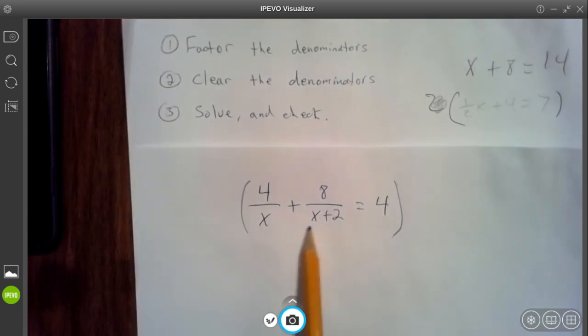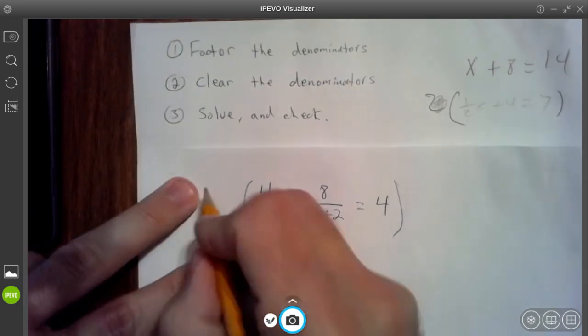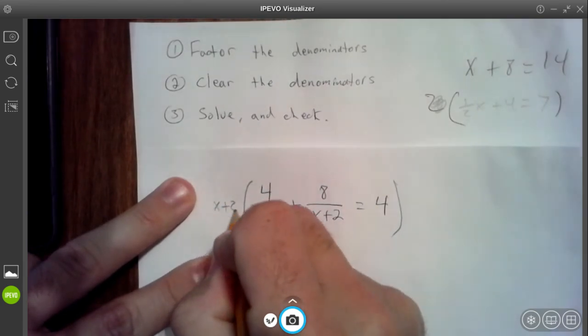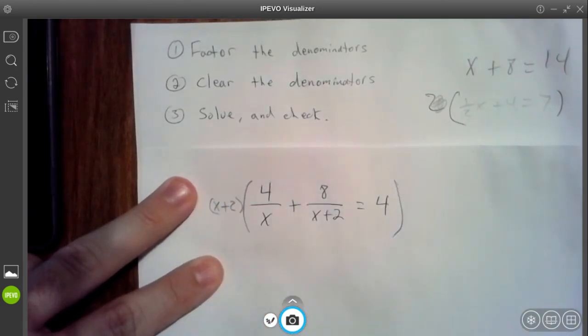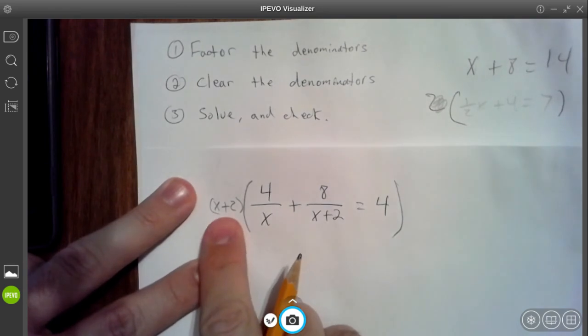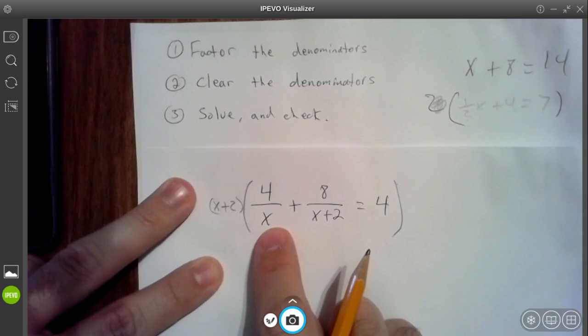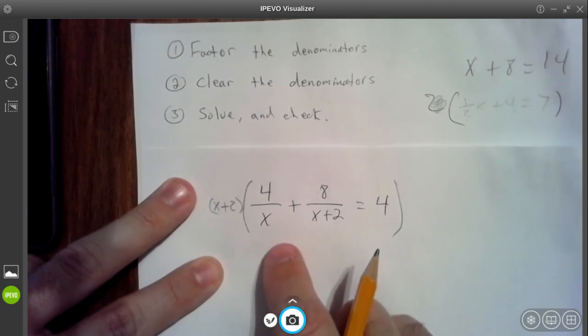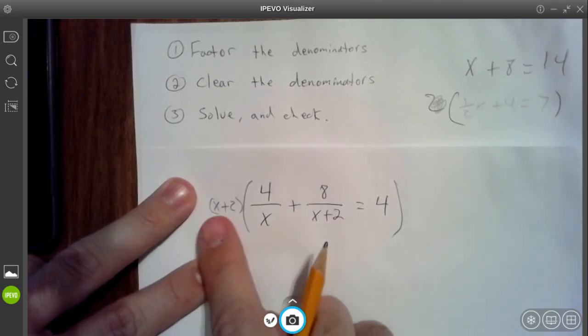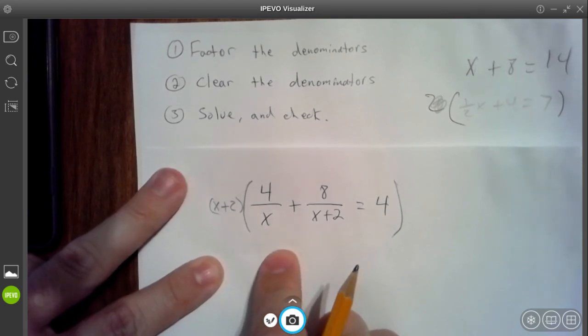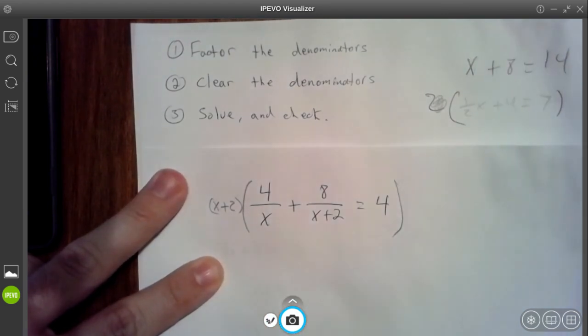If I want to cancel out this x plus 2, I have to multiply by an x plus 2. Now that x plus 2 will cancel that, but it will not cancel this x. Like if you had an x plus 2 over an x, the x's don't cancel.